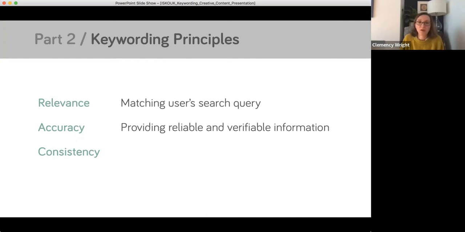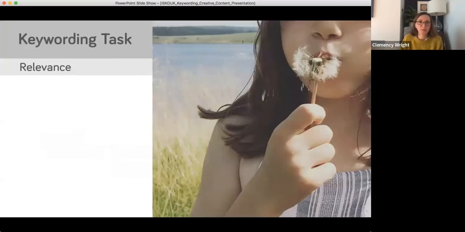Accuracy means making sure that the information is reliable and verifiable, and this is particularly important when keywording people, keywording things like ethnicity, sexual orientation, age, and gender. And making sure that the results are always consistent. This is about optimizing user experience, and we'll look at some examples of how we can implement tools, methodologies and systems to make sure that the keywording process itself is more consistent.